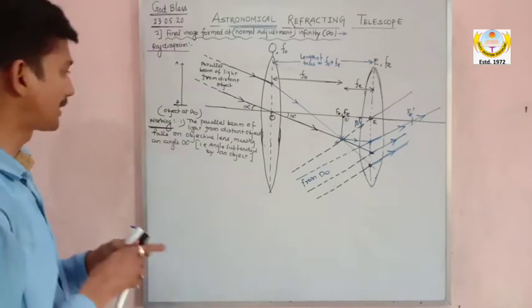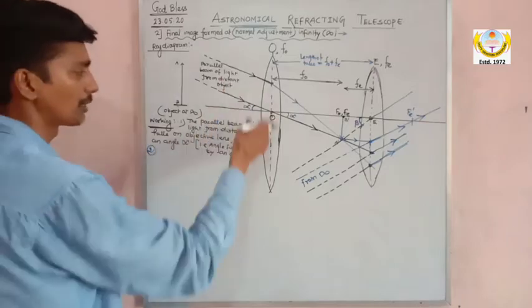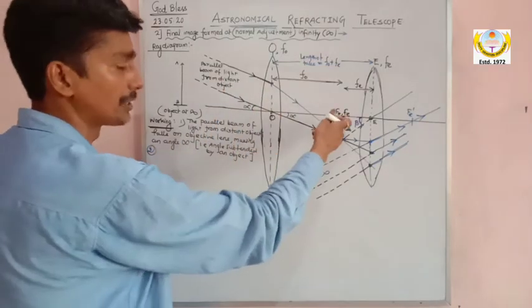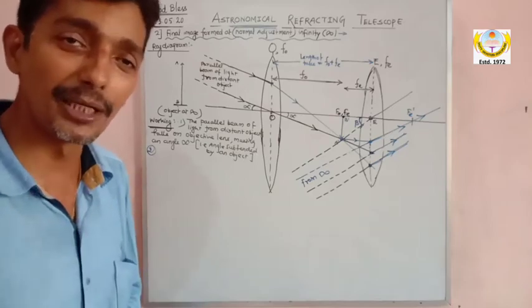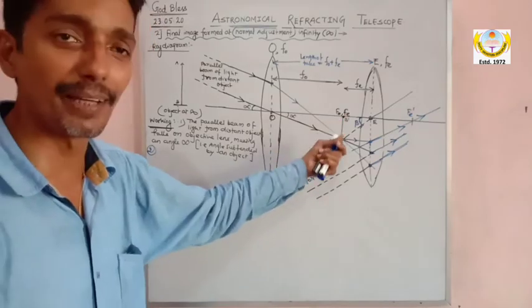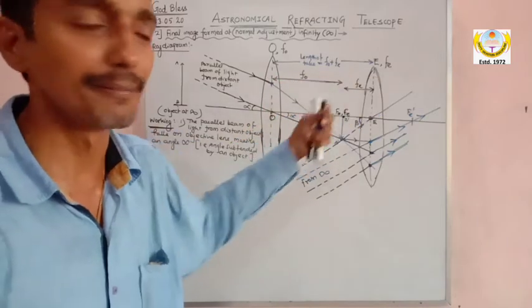Now my dear, next step, point number 2. What will this objective lens do? Sir, the objective lens will form a real, inverted and diminished image. What is the name of that image? A dash B dash. Where does it form this image? At the principal focus of the objective.